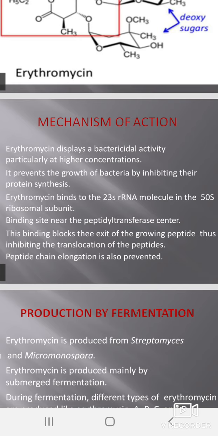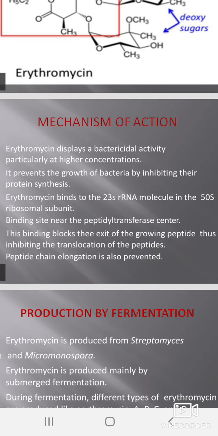It prevents the growth of bacteria by inhibiting their protein synthesis. Erythromycin binds to the 23S RNA molecule in the 50S ribosomal subunit, at a binding site near the peptidyl transferase center, inhibiting the translocation of the peptides. Thus, binding blocks the exit of the growing peptide. Peptide chain elongation is also prevented.